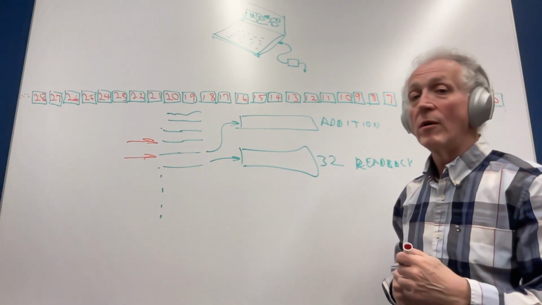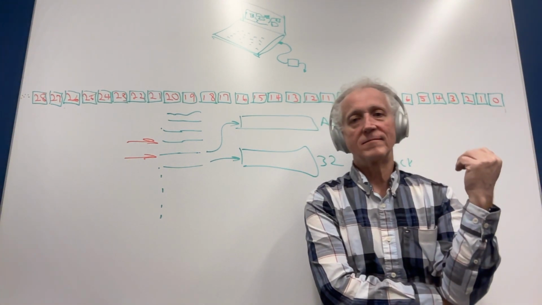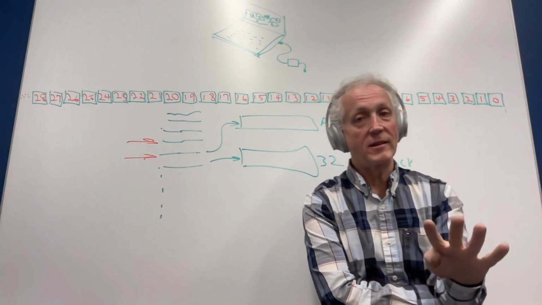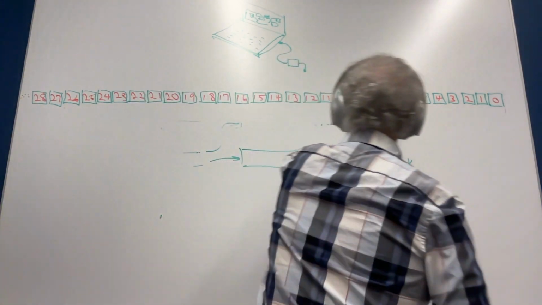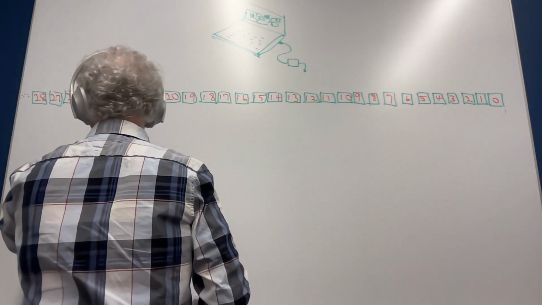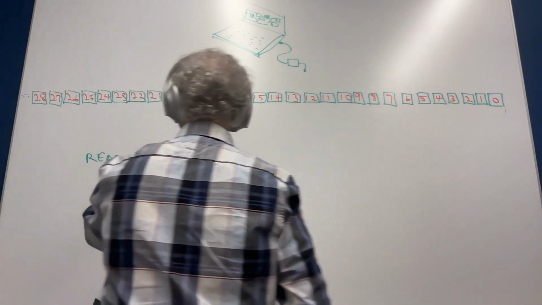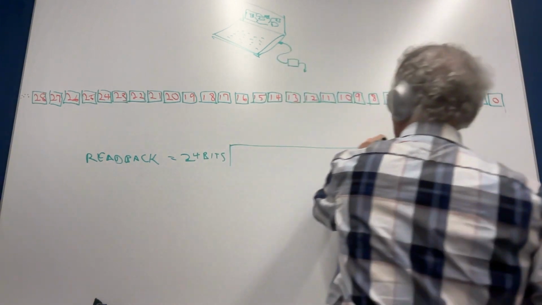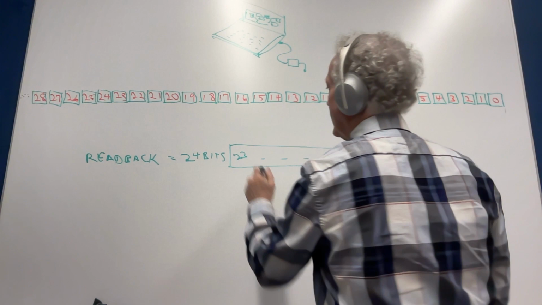Well, that register is only 24 bits. It's not 28 bits, it's 24 bits. So the readback register equals 24 bits, and the memory location goes from 0 to 23.